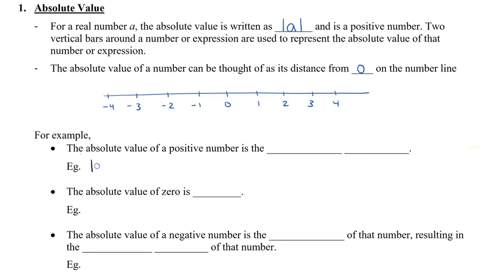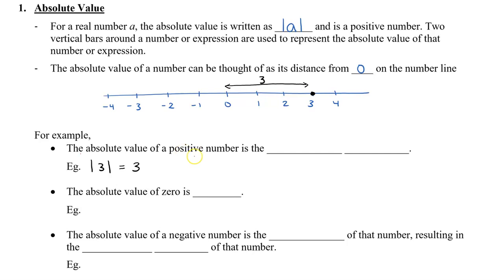So let's say that I want to find the absolute value of 3, positive 3. On the number line, 3 is right here. And the distance from 3 to 0 on the number line is a distance of 3. So we say that the absolute value of 3 is equal to 3.